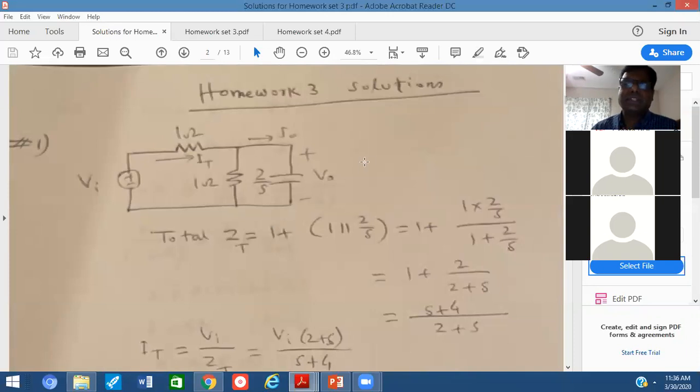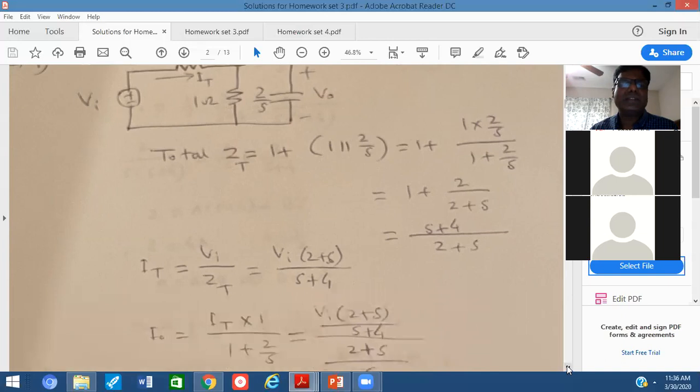If you used the voltage divider rule or mesh analysis, those will be fine. You have done it properly. But here I am showing it using the total impedance. The 1 ohm is in parallel with 2 over S, and then that combination is in series with 1 ohm. I am making that calculation here, and I got the total impedance.